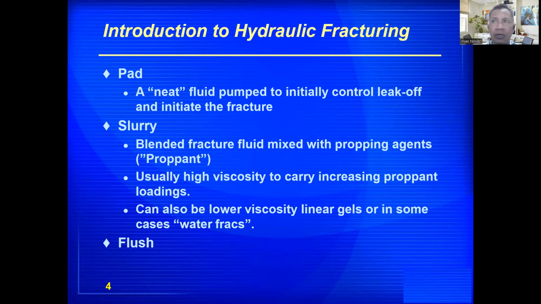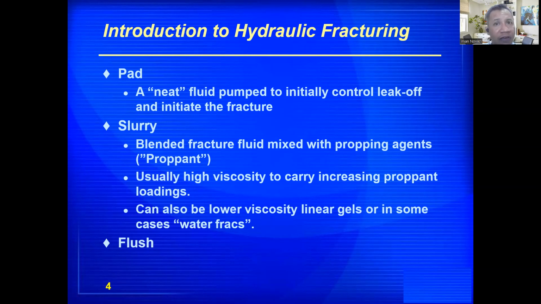So we will follow with what we call the slurry. It's blended fracture fluid. It's got the proppant agent. It's usually high viscosity, meaning we use a guar derivative to increase it up to several hundred centipoise. But it can also have lower viscosity, like linear gel, which is non-crosslinked, somewhere in the order of 20 to 40 centipoise.